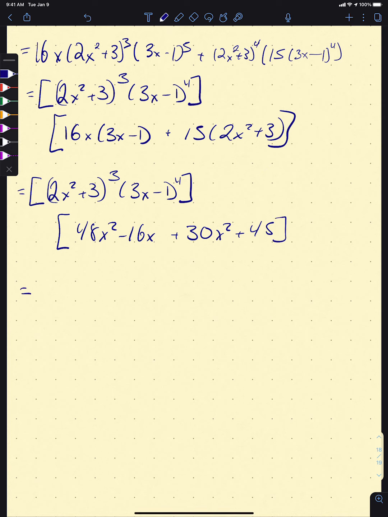Okay, and then gathering like terms there, we're going to have 2x squared plus 3 cubed, 3x minus 1 to the fourth, and then that guy looks like we're going to have 78x squareds minus 16x's, and then a 45 left over, right?